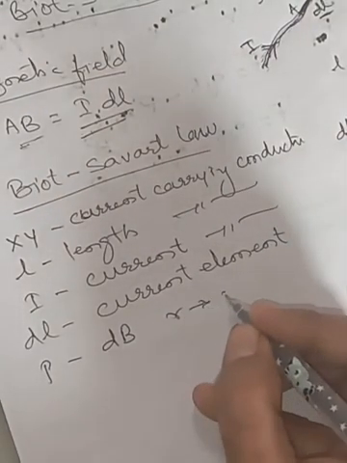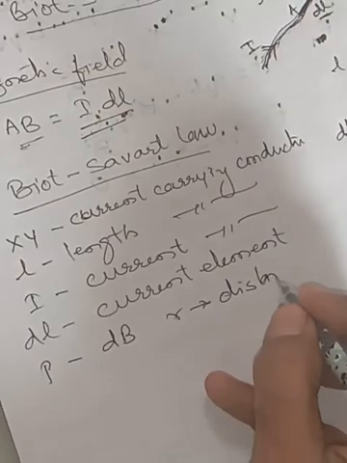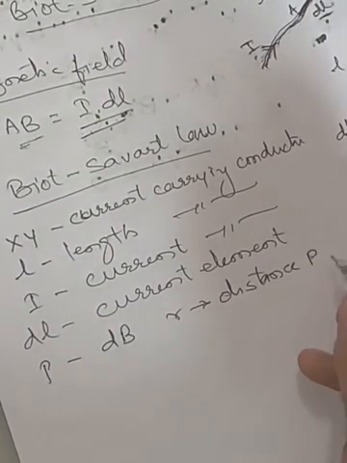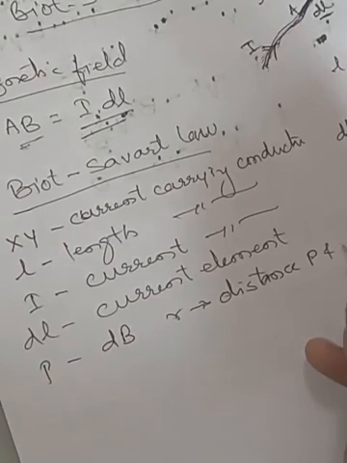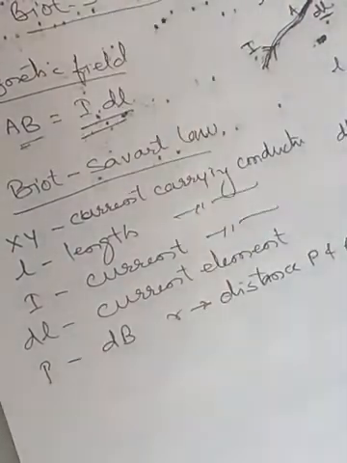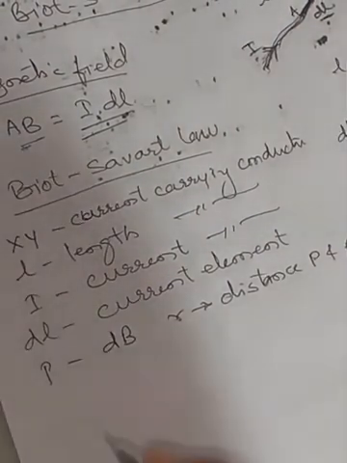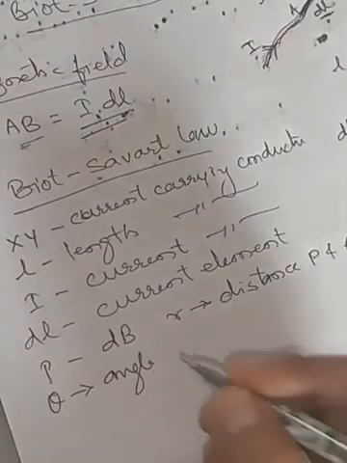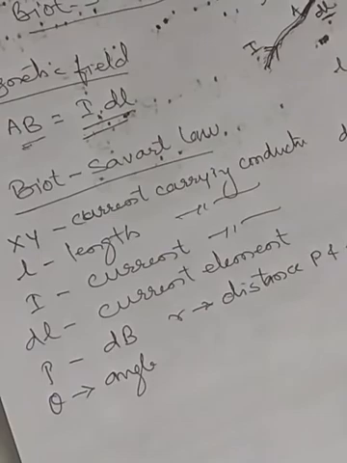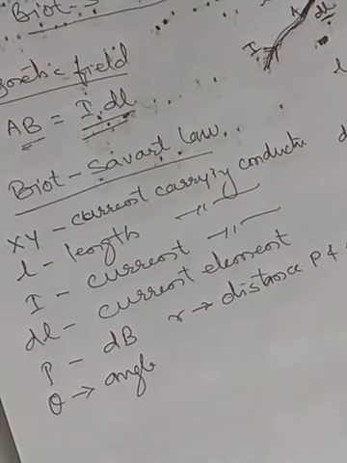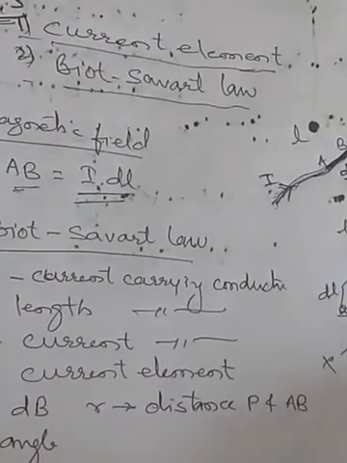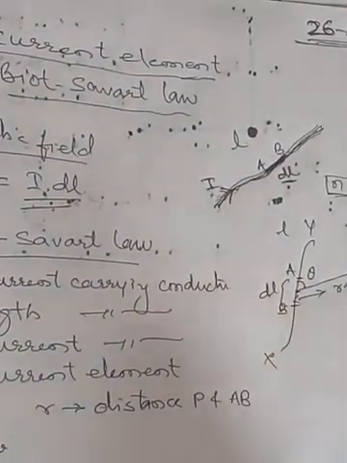R is the distance between P and current element AB. What is theta? It is the angle between the directions of dl and r. So this is the condition which you have to understand properly.